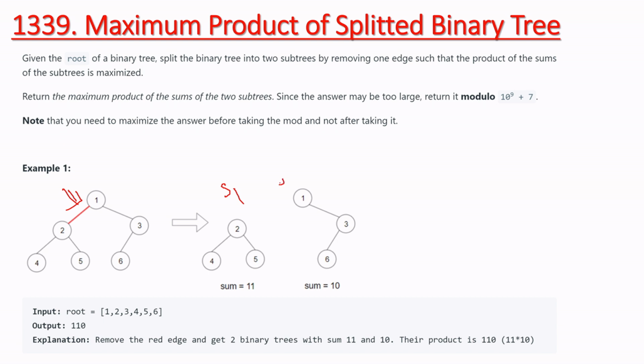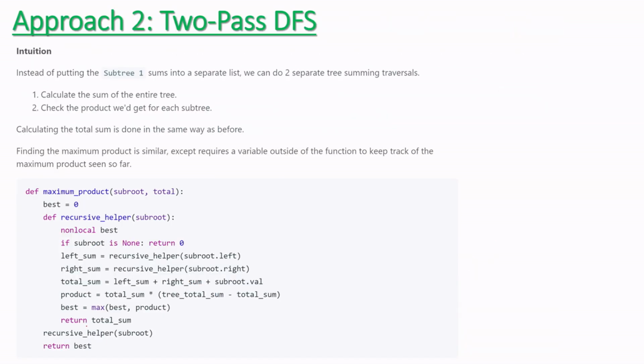Then we find the sum of these two and multiply them, like 11 into 10, and return 110 as the output. So let's see approach 2, the two pass DFS algorithm.